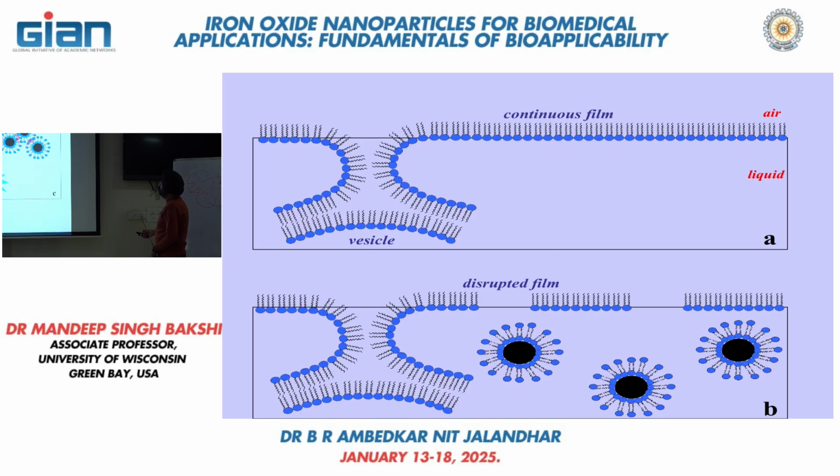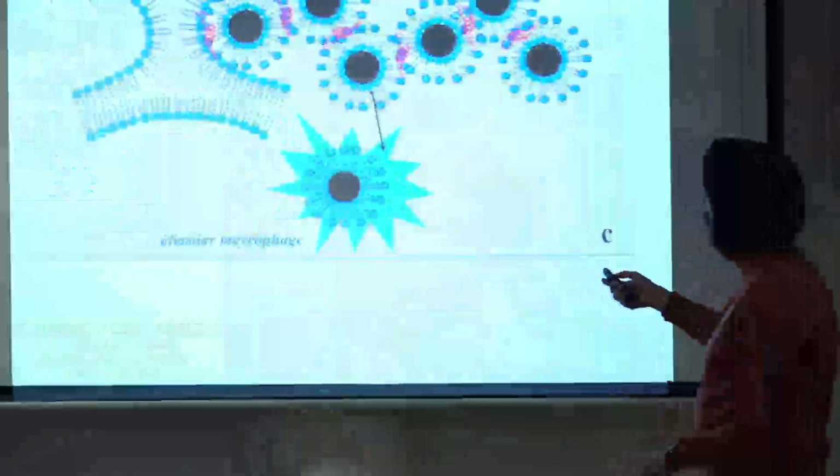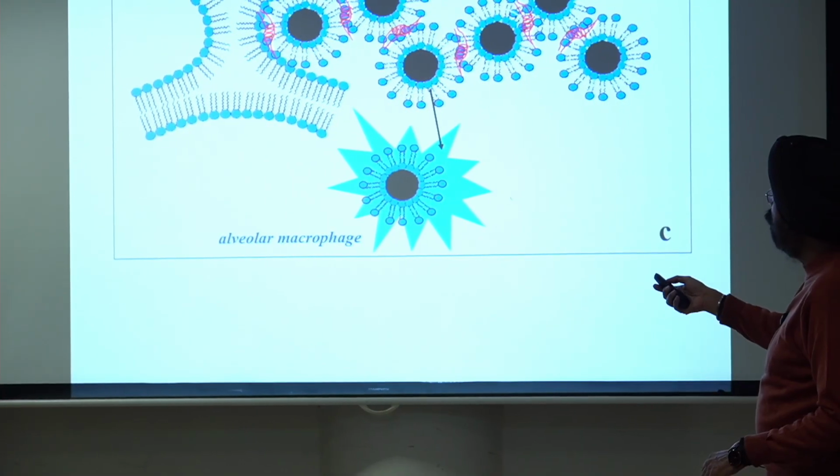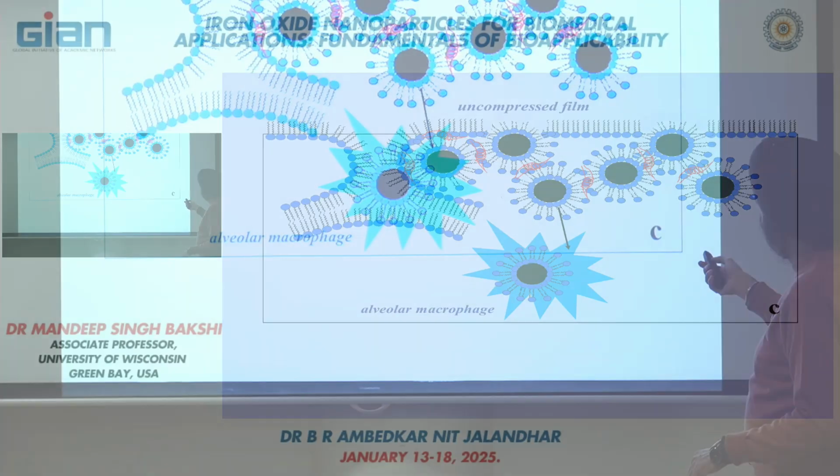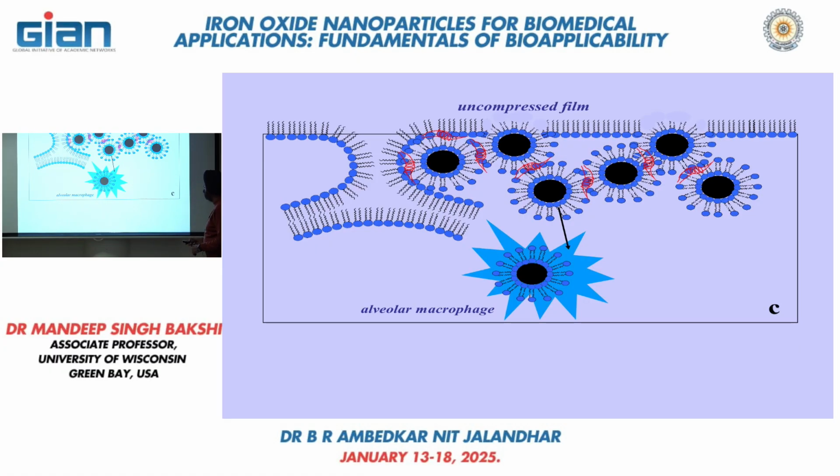So now it means that this film is uncompressed. It cannot be compressed to the value that leads to the surface activity close to 0 millinewton per meter, right? Since this part is not lined with the phospholipid molecules like this part, it's a non-continuous part.